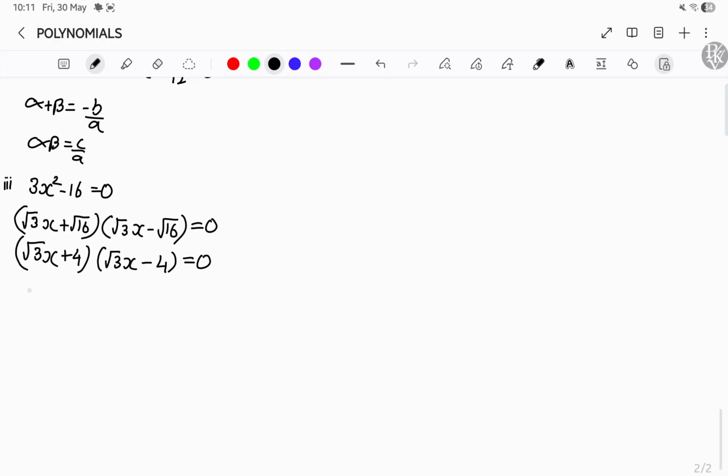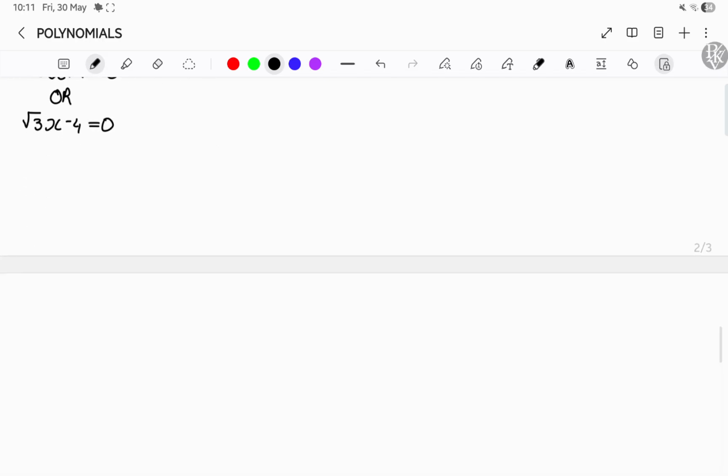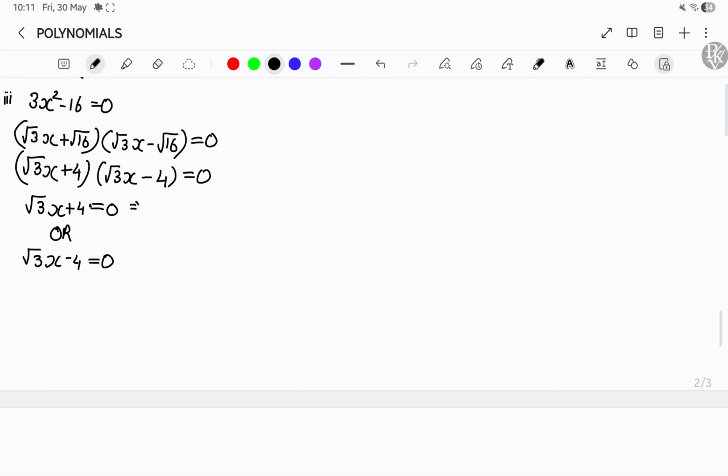So either root 3x plus 4 is equal to 0 or root 3x minus 4 is equal to 0. So that means x is equal to minus 4 by root 3, and this means that x is equal to 4 by root 3.